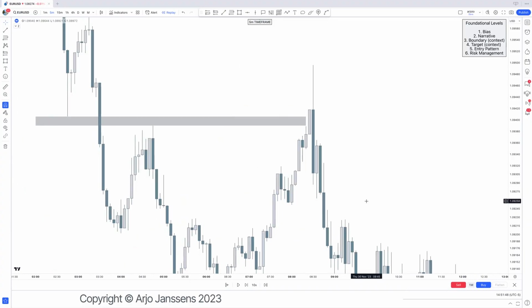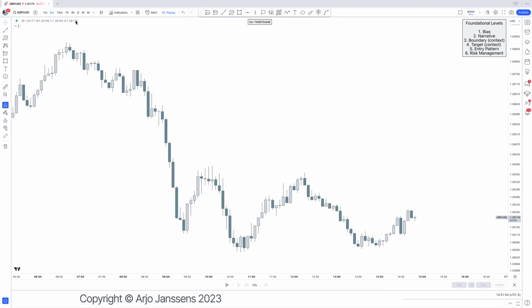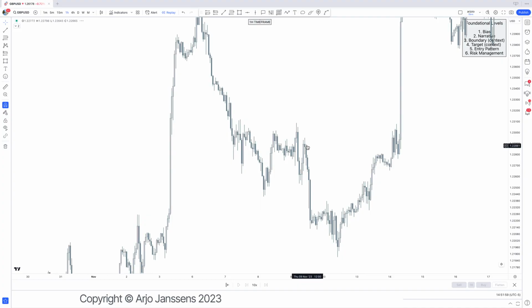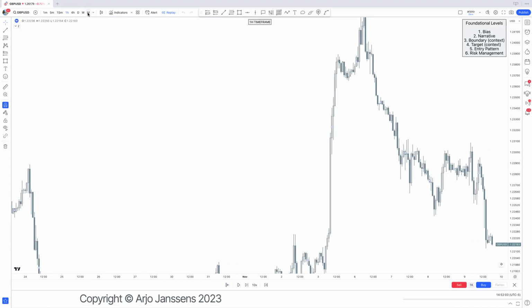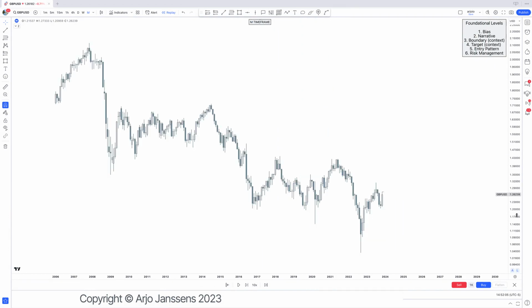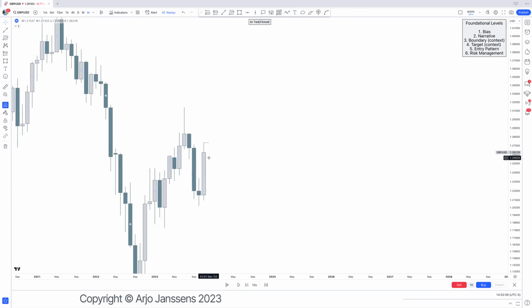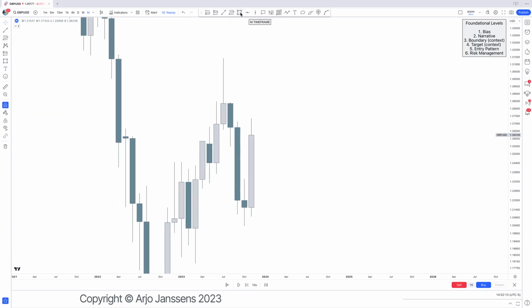Now, to go over a few more examples right here, let's dive into GBP US dollar. For GBP US dollar, I'm going to use an example that is sitting right there. On the daily time frame, well, let's start on the monthly time frame actually. On the monthly time frame, at this moment in time, you're seeing the later candle, because that is how TradingView replay works. So at that moment, we were not actually there.